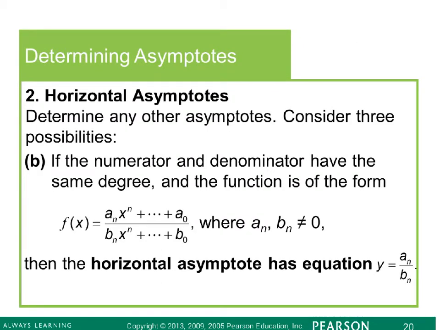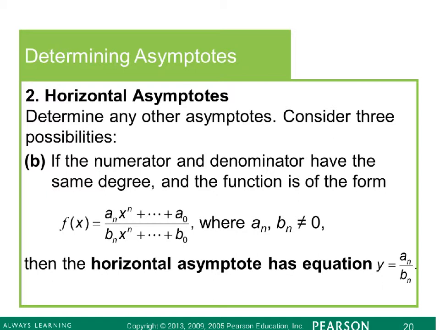Now similarly, if your numerator and denominator have the same degree, your m is equal to your n, then you have a horizontal asymptote at this equation right here.